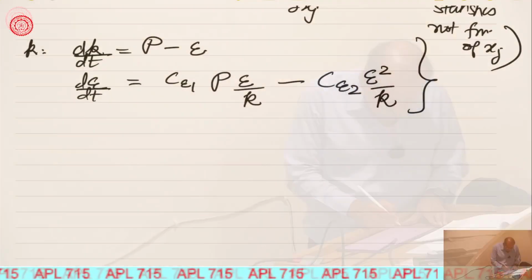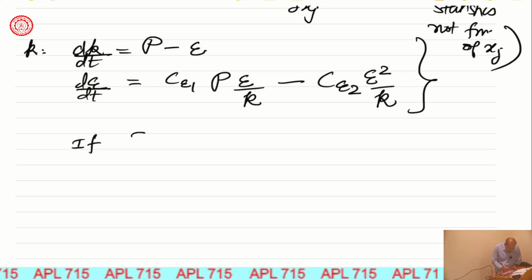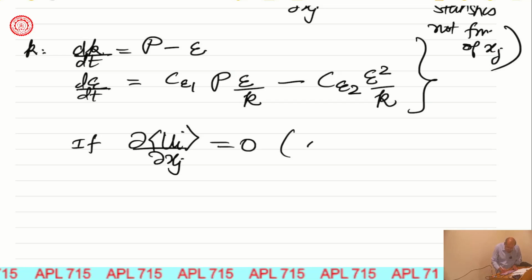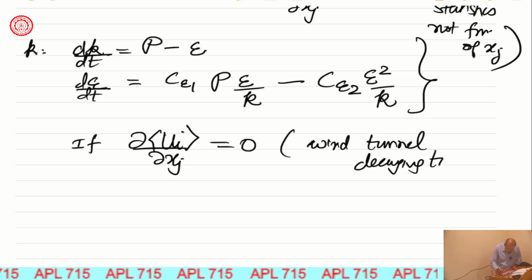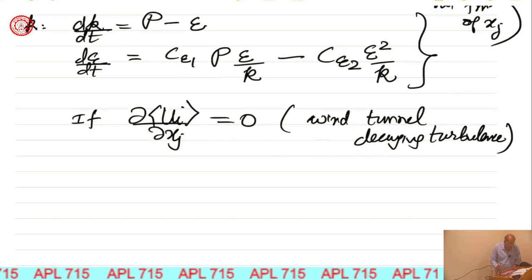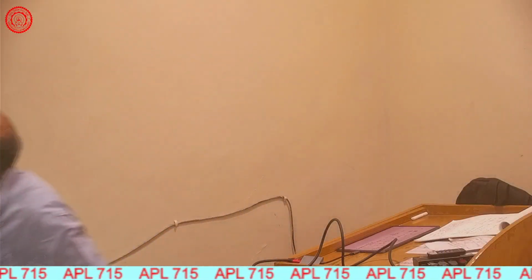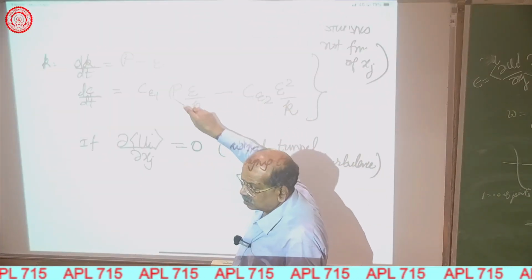And if in this we put dui by dxj is 0, which is the case in wind tunnel decaying turbulence, so if dui by dxj becomes 0, then P will become 0.